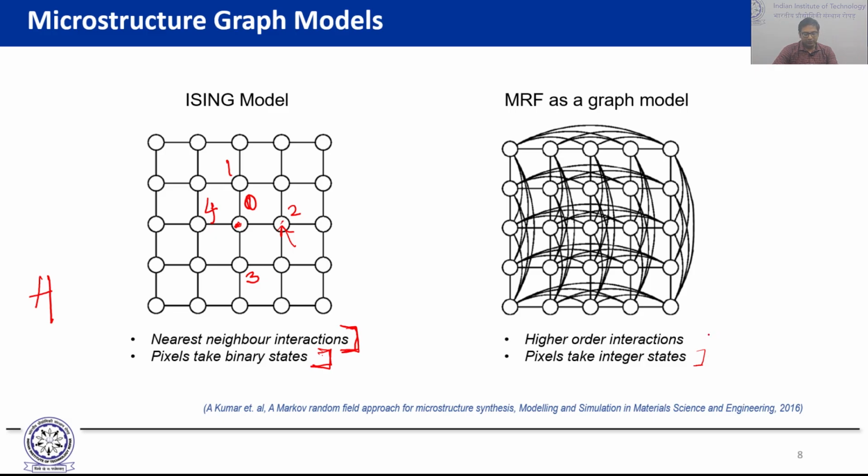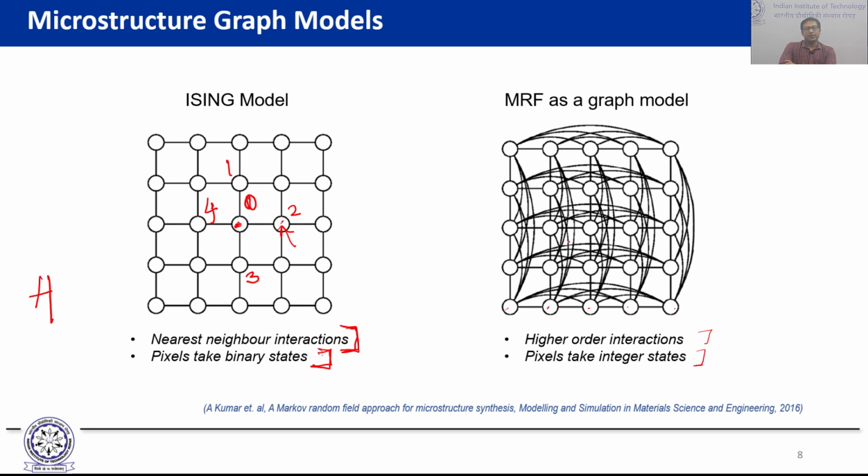And we are also looking at higher order interactions. As you can see in this Markov random field, these atoms are again the nodes of your graph, and there are lots of edges, in terms of lots of interactions between different atoms, and not just the nearest neighbor atoms that we are considering.